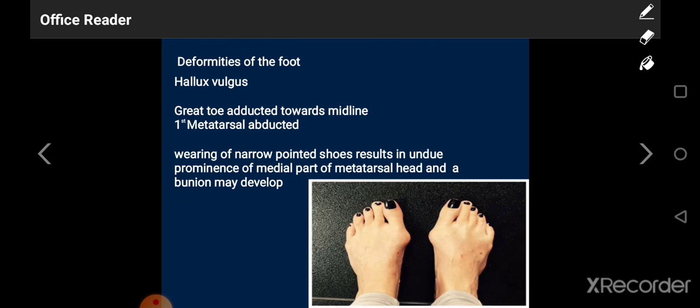Then hallux valgus. Here the great toe is adducted towards the midline and the first metatarsal is abducted. It is because wearing narrow pointed shoes results in undue prominence of the medial part of the metatarsal head, and a bunion bursa may also develop.